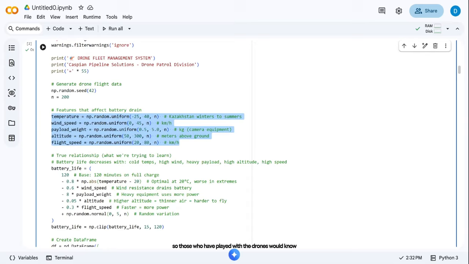Those who have played with drones would know that if it is really freezing cold, the battery wouldn't last long, even if charged for the same period of time. But if it's warm, the battery is okay.